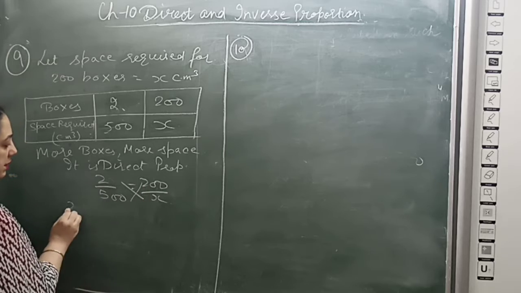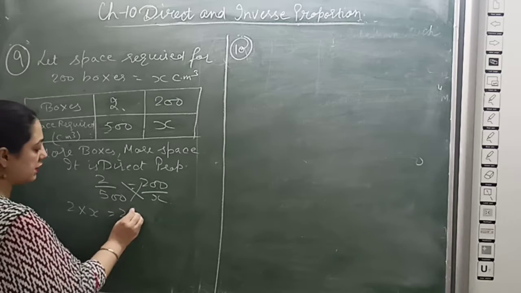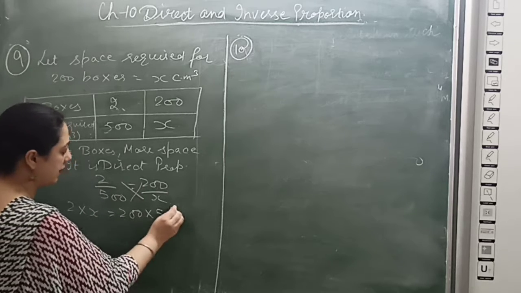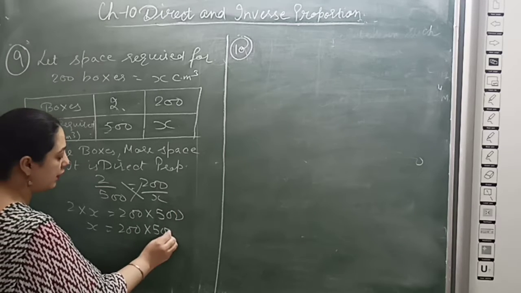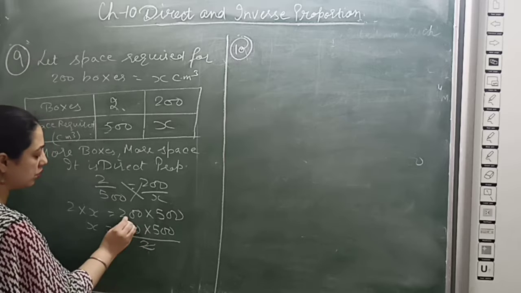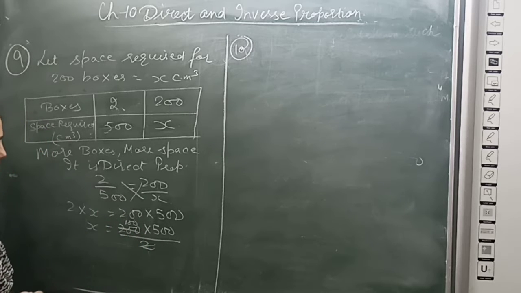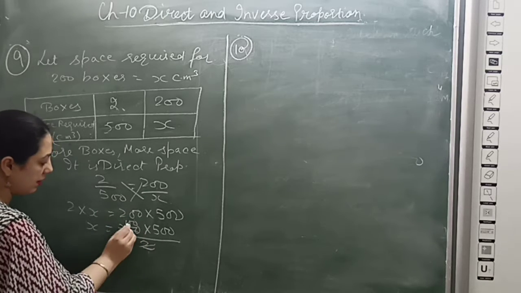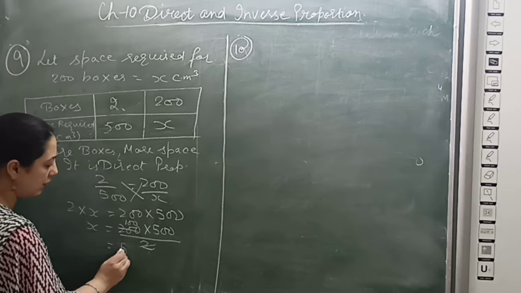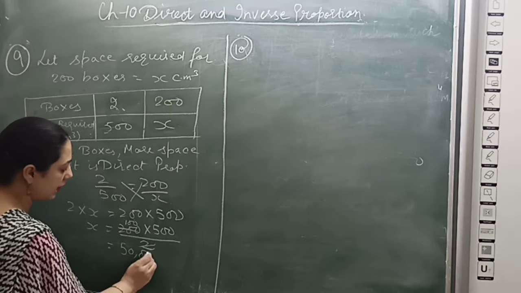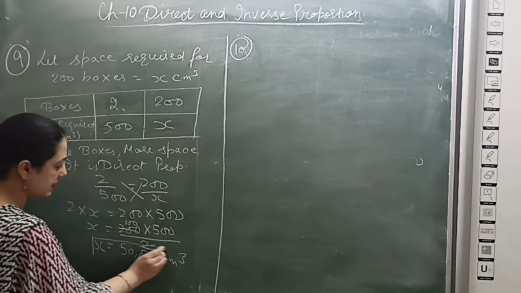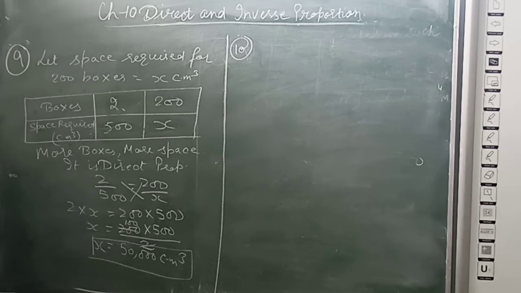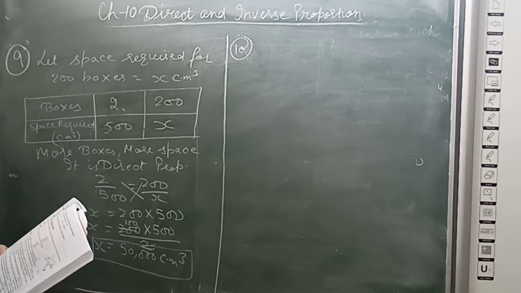Do the cross multiply. 2 into x is 200 into 500, and find the value of x. 200 into 500 over 2. 2 divides 200, the table of 100. Now multiply 100 into 500, we will get 50,000 centimeter cube. So the space required for 200 boxes is 50,000 centimeter cube.